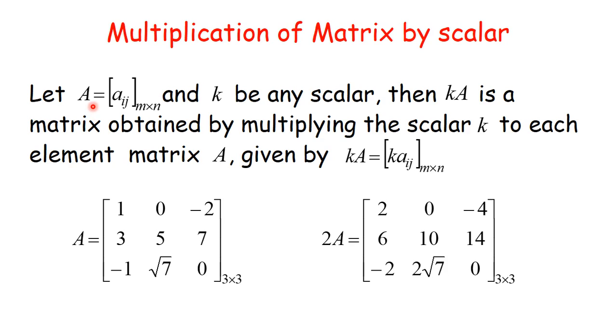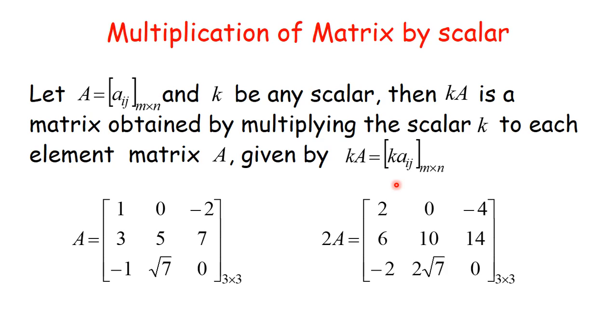Means if you are given a matrix A and you have any scalar k, then kA, that is multiplication of a matrix A by the scalar k, is again a matrix. After multiplying this scalar to A, you will get again a matrix, but that matrix has the same order as A. That means the matrix kA and the matrix A have the same order.